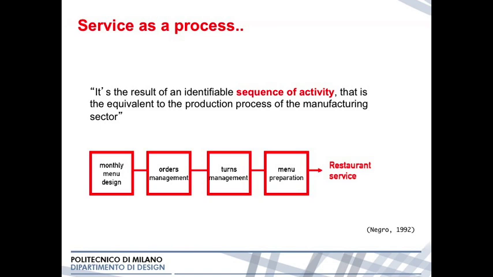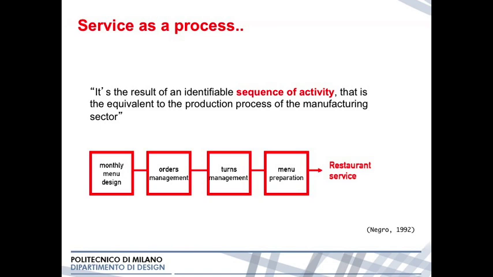But then, in order to deliver those offerings, you need to have a background, a back office, a process made up of a sequence of activities that is able to support the delivery of a service. So think about a restaurant.